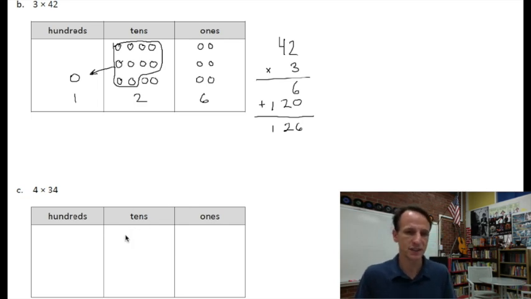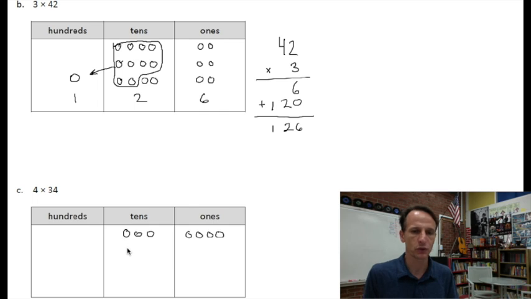So we have 3 tens here, 34, right? 1, 2, and 3. And then 4 ones. 1, 2, 3, and 4. And now I'm multiplying it by 4, so I need to have 4 rows of each of these.